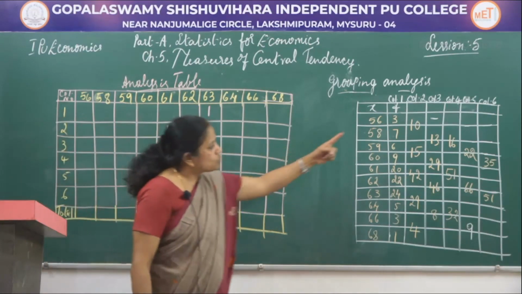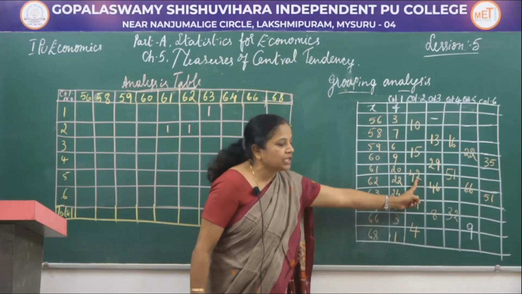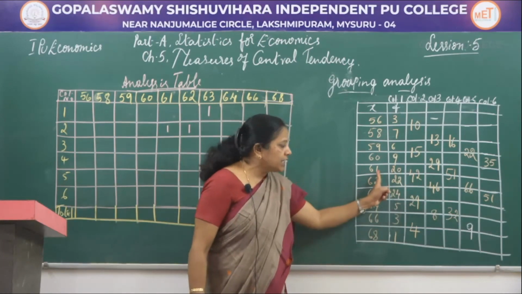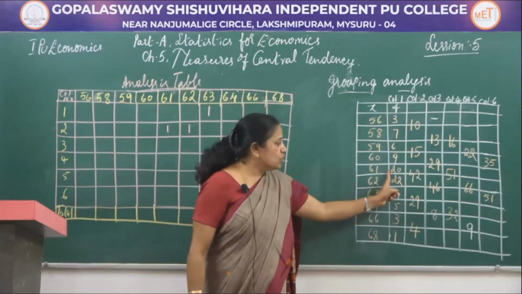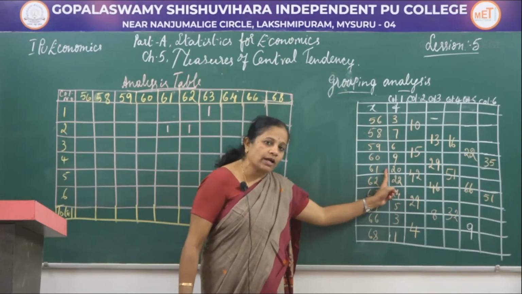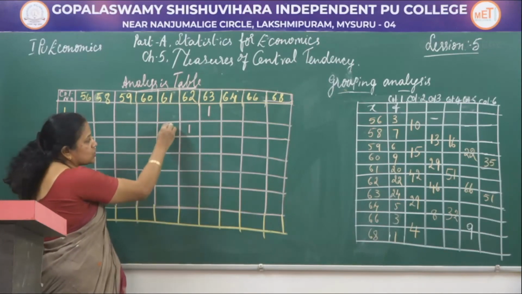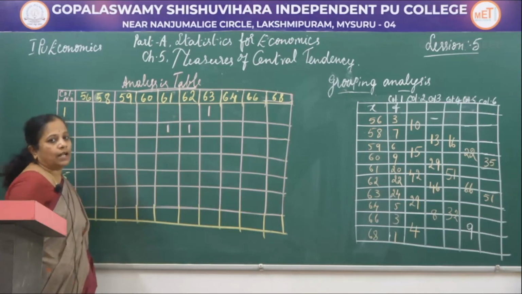In column 2, the highest frequency is 42. 42 is shared by two corresponding values, that is 61 and 62. So, in front of 61 and 62, we write 1 each.